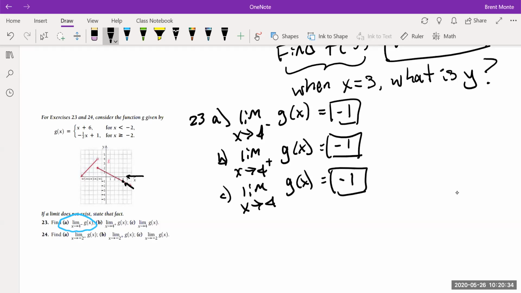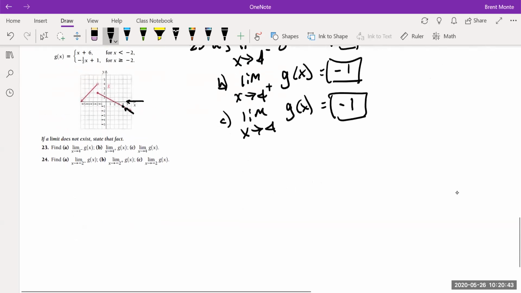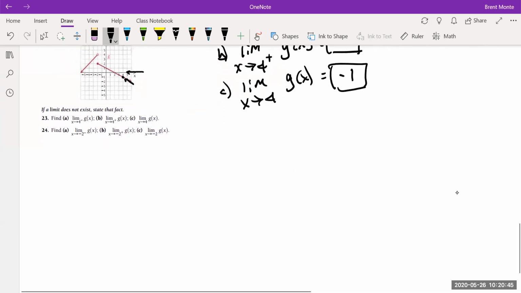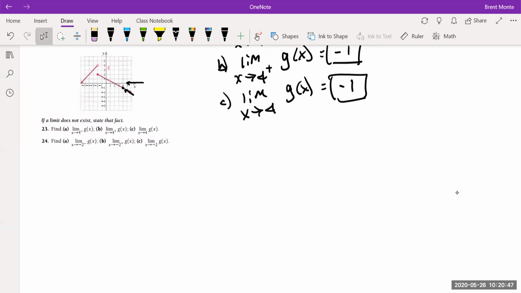Problem 24 uses the same picture, but now we're looking over at -2. Keep that picture in mind. So 24a, find the limit of g of x as x approaches -2 from the left.